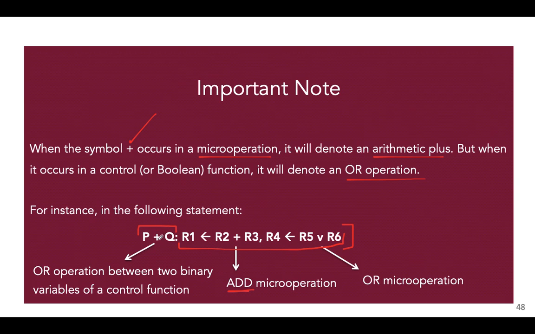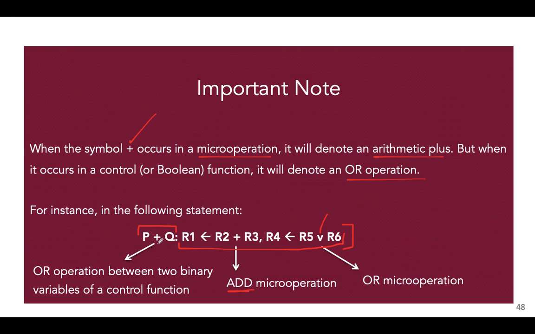So here, this plus denotes OR, which means if either P or Q are 1, then perform this operation. In case of this symbol, there should be no confusion.